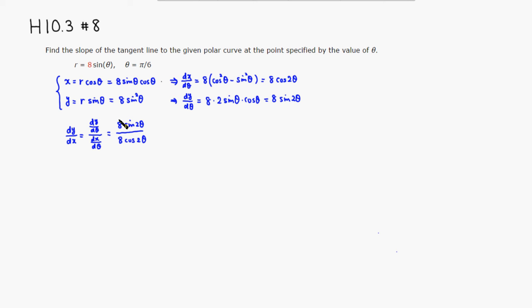So we can cancel the 8 on top and the 8 on the bottom. And sine over cosine is tangent, so this is actually just tangent of 2 theta.